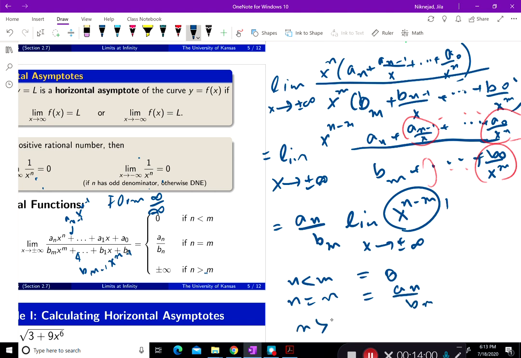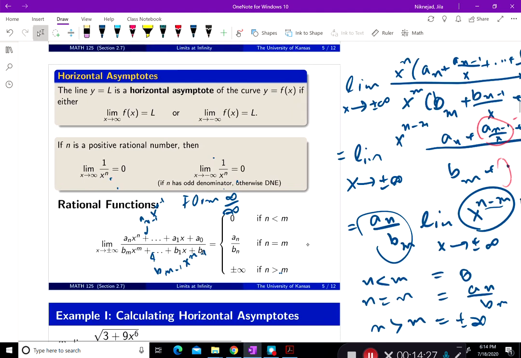If n is bigger than m, then this is x to the power positive, and therefore as x goes to positive or negative infinity, it's going to be plus or minus infinity depending on the coefficient and that exponent. So you have to calculate which one is true. And so that's how these limits work.